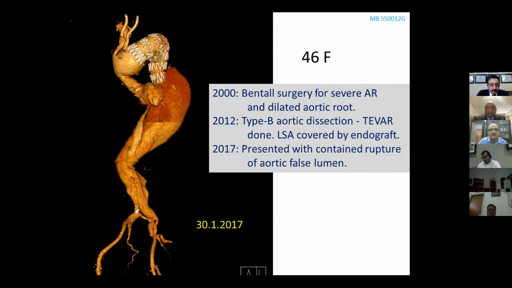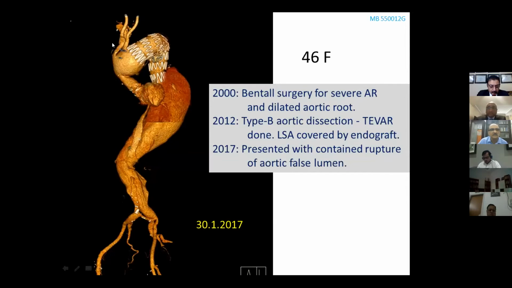Now, both of these were elsewhere, and 5 years after the second procedure, she presented to us with a contained rupture of the aortic false lumen. So this was the CT angiogram at that time, and you can see that the surgical graft is in the ascending aorta.